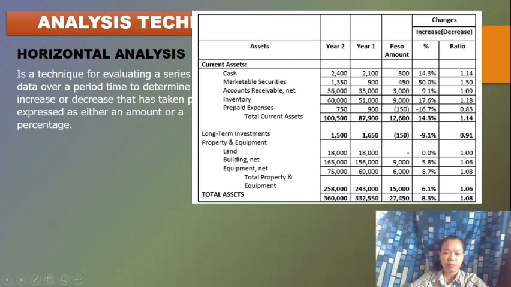But if you actually compute 300 divided by 2,100, the result is 0.1428.